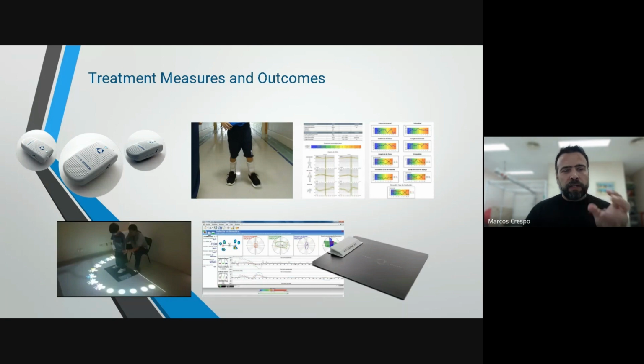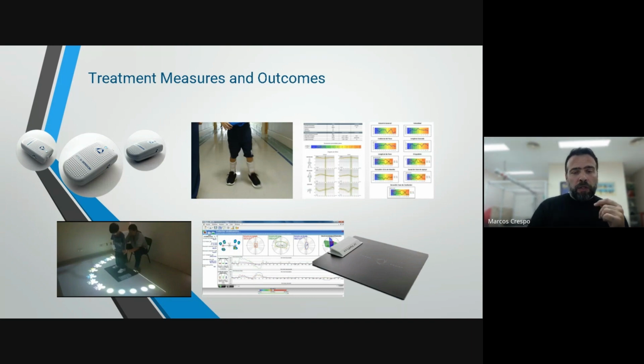We use inertial sensors. I don't know if you know about the G sensor. PWalk, the G sensor, is a sensor with protocols for evaluation and assessment of gait and other things. So we use it to evaluate the time and distance parameters of the gait of the patient at the beginning and at the end of the rehabilitation process, of course, when they have goals of gait rehabilitation.